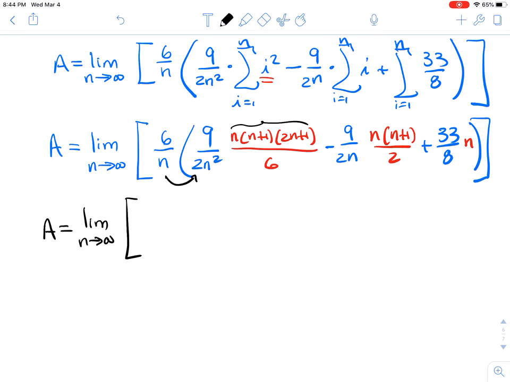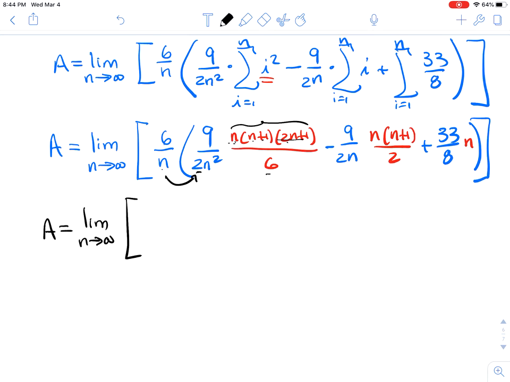So the highest exponent term with its lead coefficient from the numerator is going to be 2n times n, so that's 2n cubed. 2n cubed times 9 is 18n cubed times the 6. And then the denominator will have n times n squared, so that's n cubed times the 2 and the 6, and that would give us 12n cubed in the denominator.